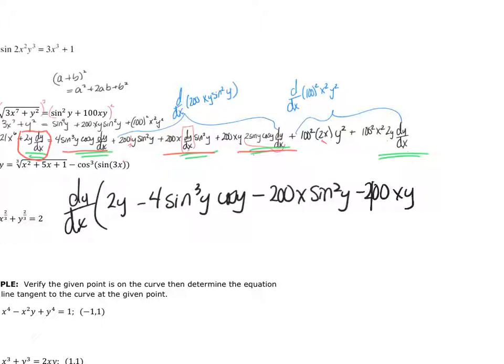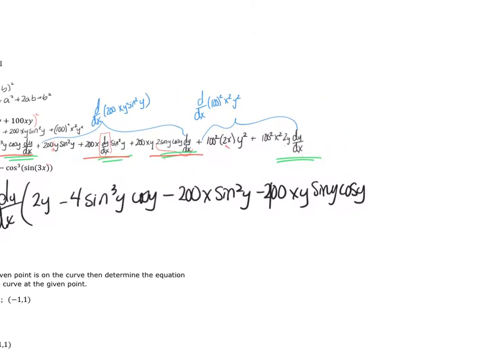So that's 400. 400 xy sine y cosine y. And then my next one is going to be minus 2 multiplied by 100 squared. I'm still not going to write that out. x squared y. Those were all the terms that had dy dx attached to them.